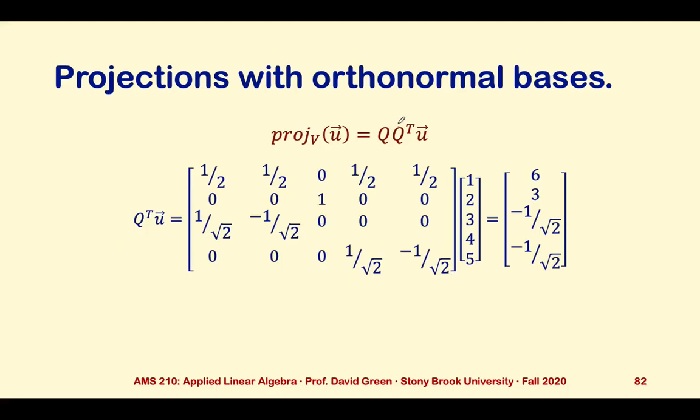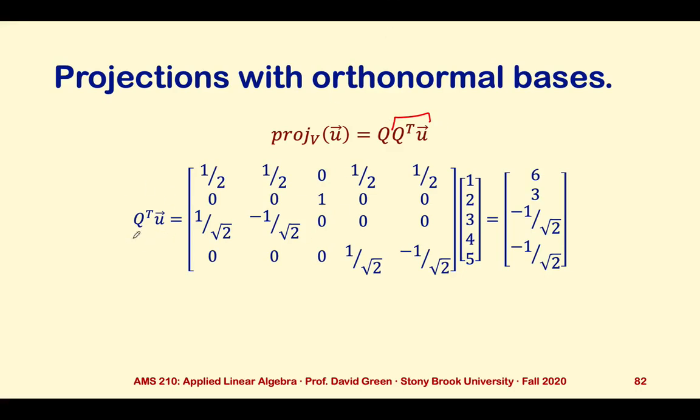As always, we are going to break this product into pairs of products. I recommend starting with Q transpose u, just because u is a vector, and so this product will give us another vector, whereas Q times Q transpose would give us a matrix. It will simplify our work to compute the product in this order.